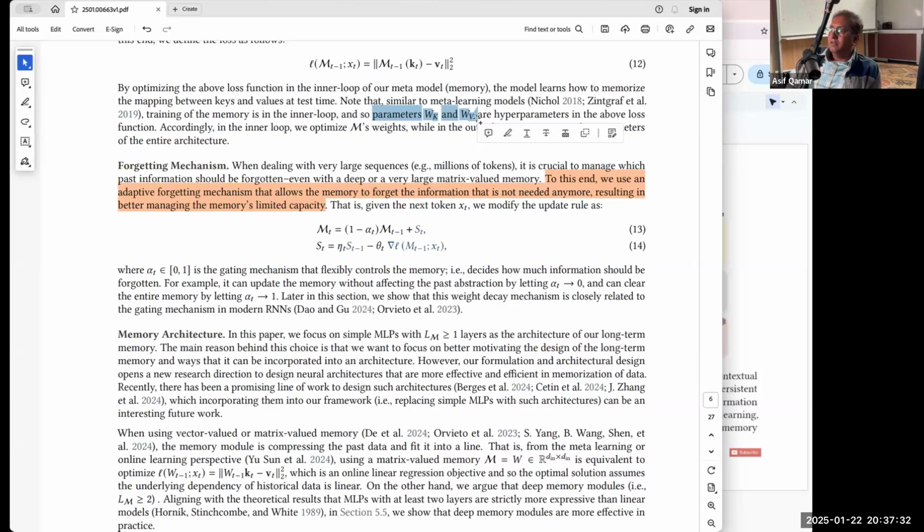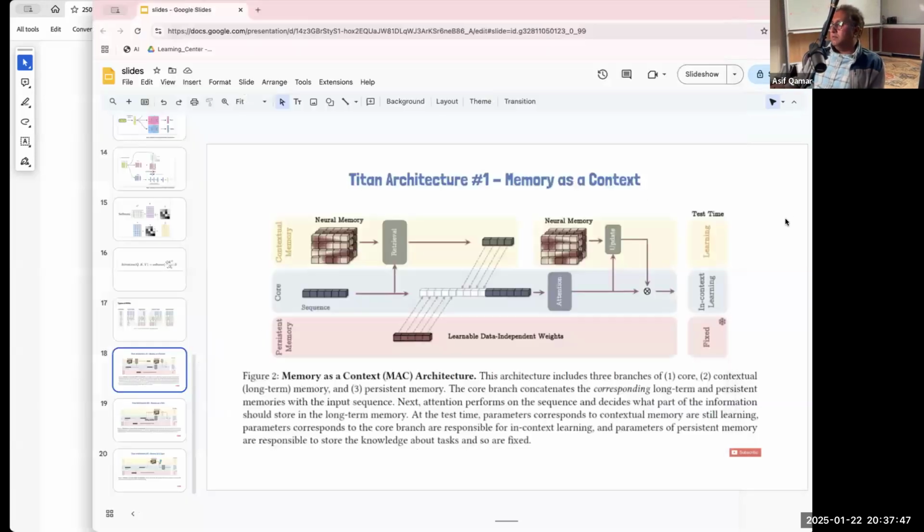Let's take attention in a transformer. Initially, the long-term memory is empty. As you start feeding queries, you go through the KQV vectors and all the learning. Here also, you go through a KQV vector.